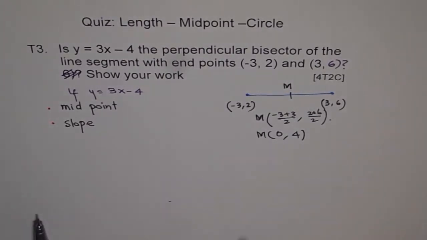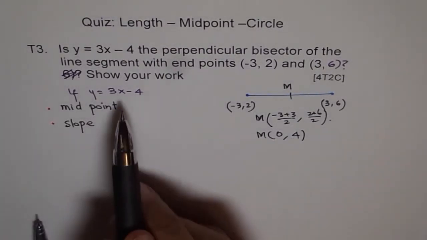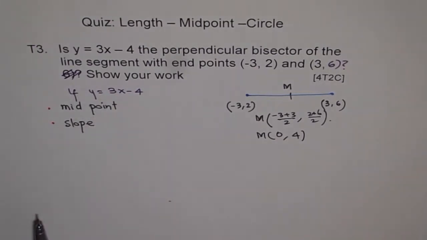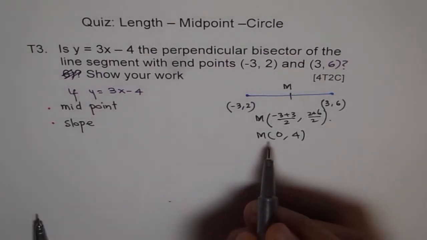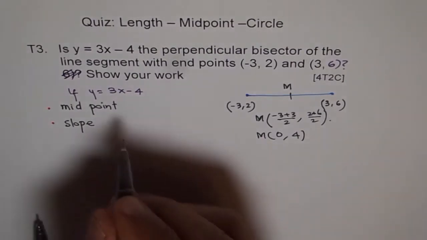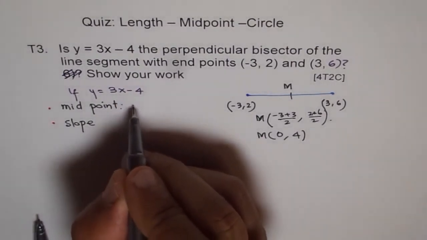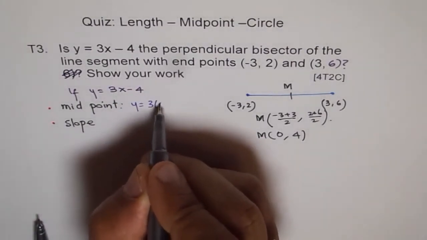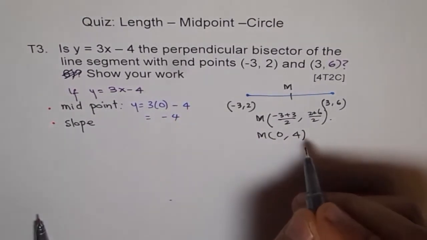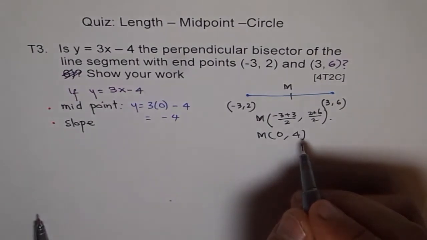So first test: 0, 4, is it a point on our line? That is the midpoint test. So we'll do this test first. Let's try it. We will put 0 for x and then find out what y should be. So y equals 3 times 0 minus 4, we get minus 4.